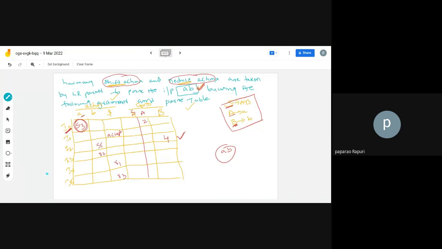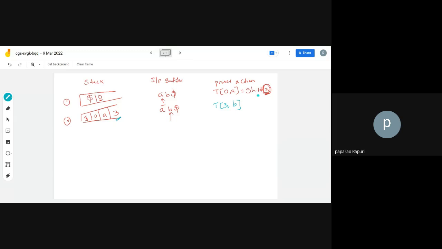What is 3B? This is the third row and B column. So we need to do reduce. What do we need to reduce? R2.